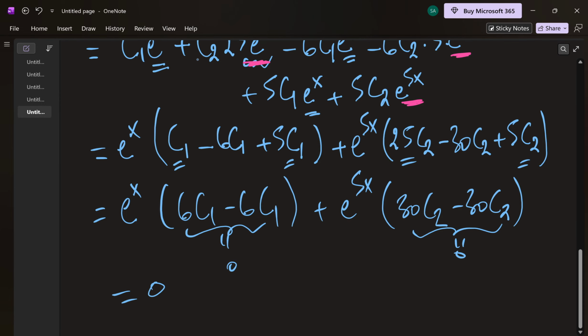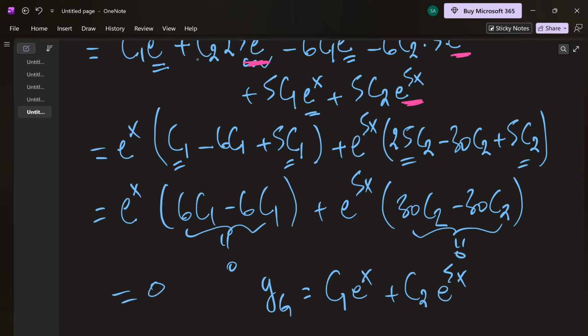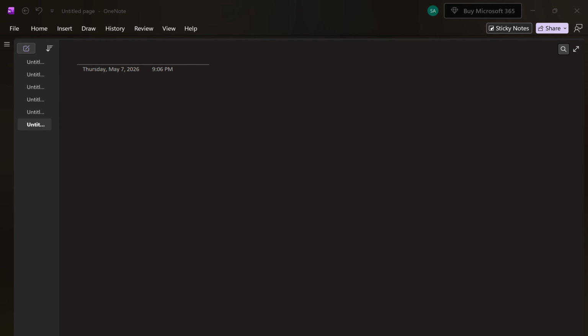Everything is equal to 0. So indeed the general solution is correct: c1 exponential x plus c2 exponential 5x. Okay, now we move to the next equation. Are there any questions till now? Is it clear?